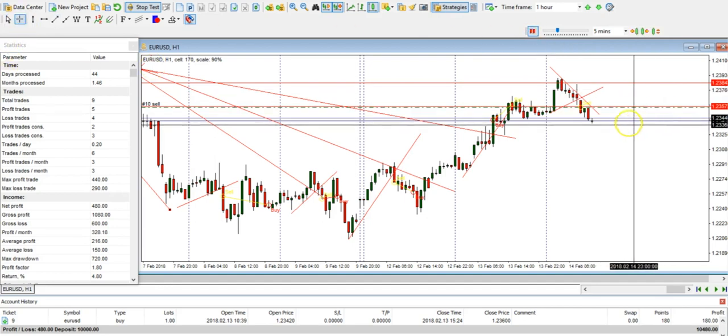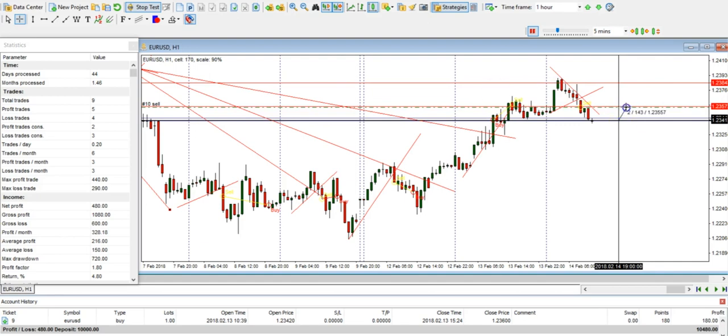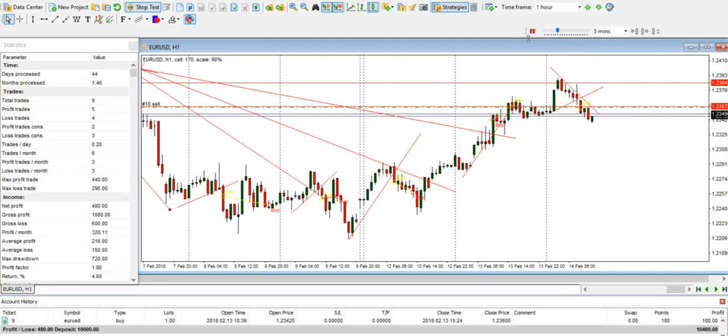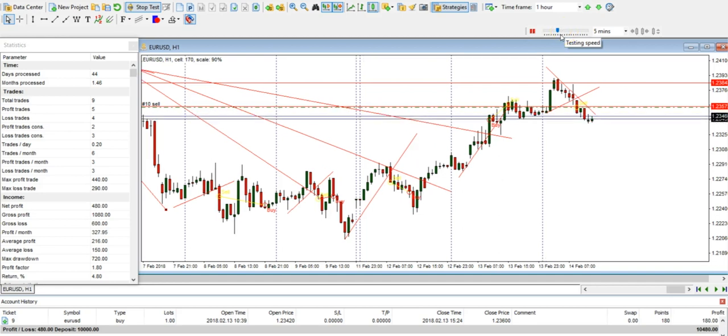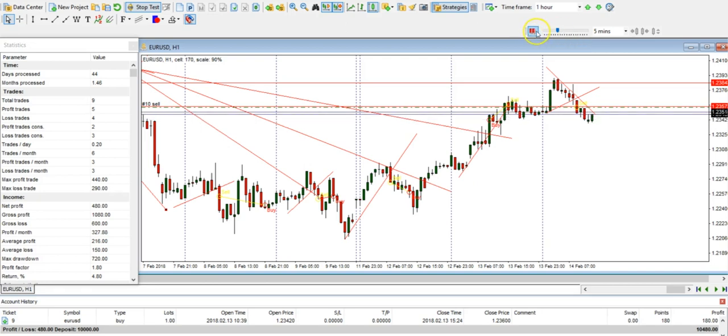So I'll just pause, see how many pips are in. Let's let her run a bit further. It's 2 p.m. UK.